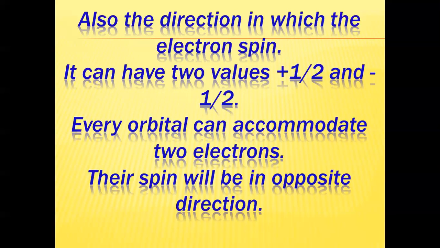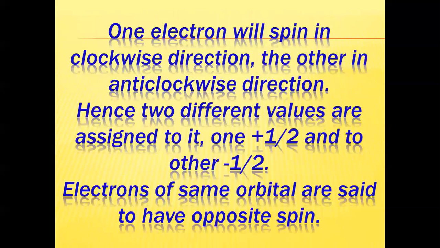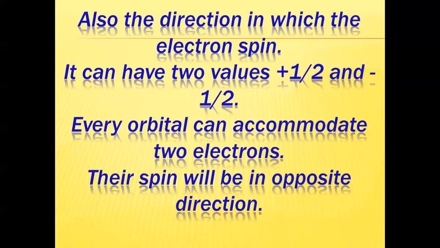And we also know that every orbital can accommodate two electrons. When two electrons belong to the same orbital, they are called paired electrons, and the spin of paired electrons will be in opposite directions.